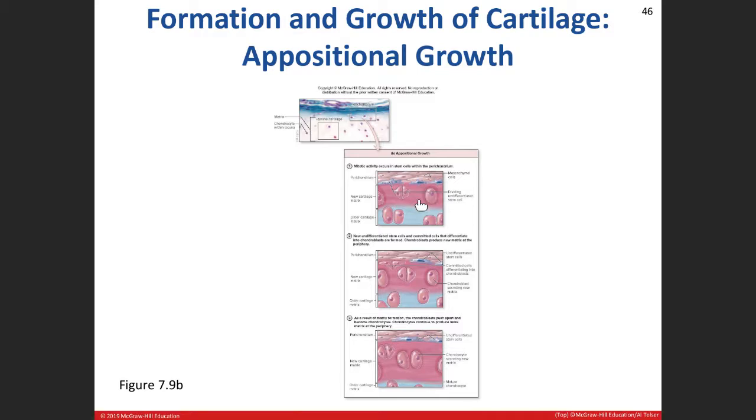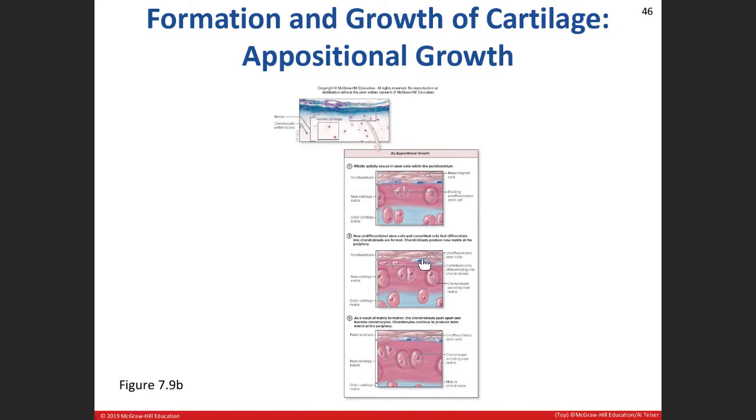That chondroblast will then start to produce its own matrix, same type of scenario we saw before. It secretes it all around itself, and by doing so, it pushes the perichondrium outwards. It expands.